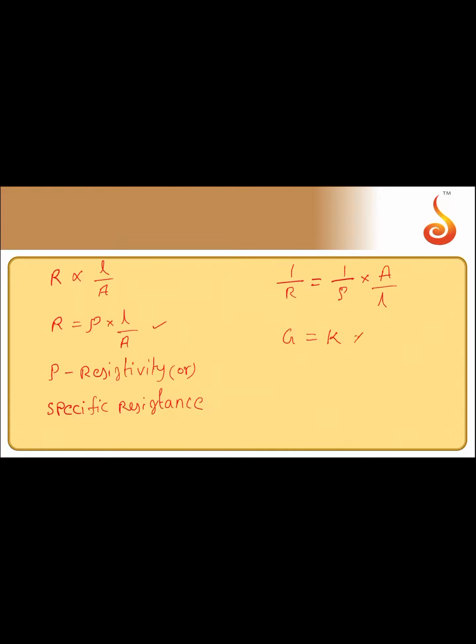So G is equal to K into A by L, where G is conductance and K is conductivity or specific conductance.